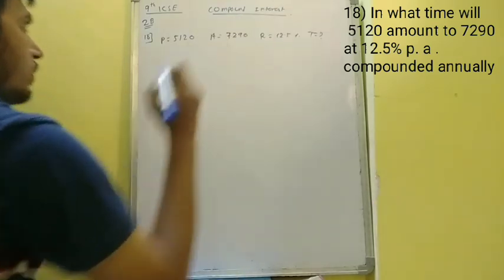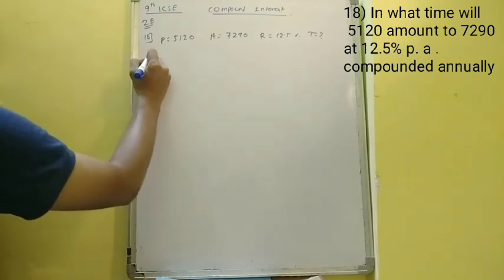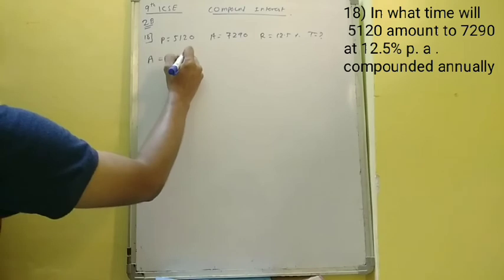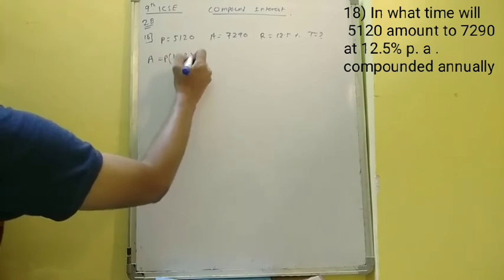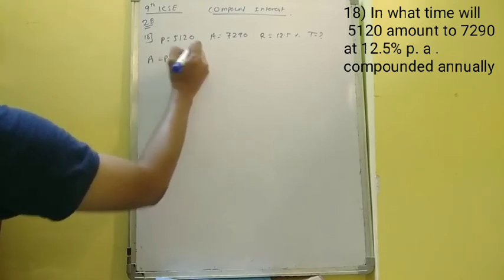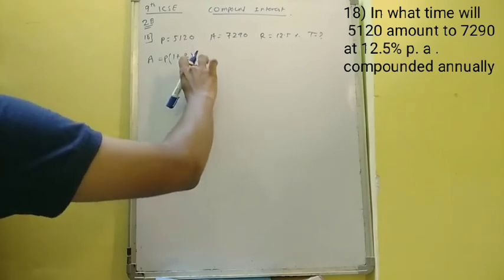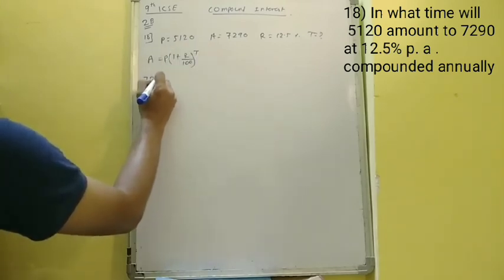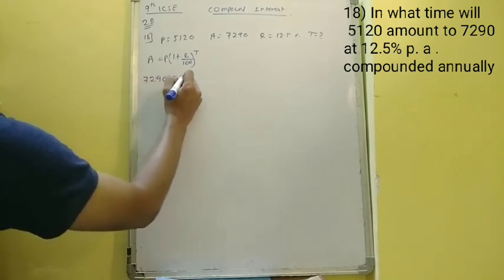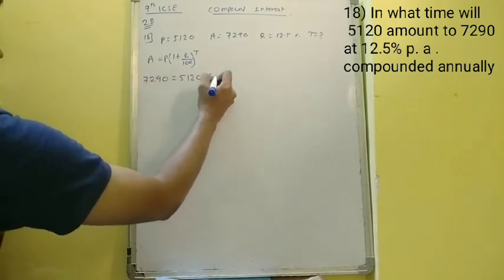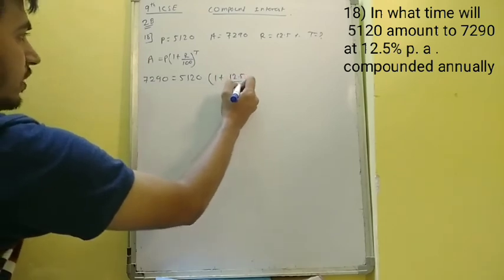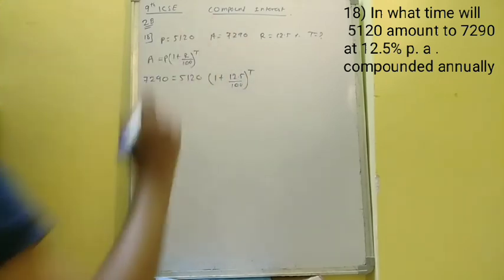Again, as it is compound interest, the amount is equal to P into 1 plus R upon 100 raised to n or t. Amount is 7290, principal is 5120, 1 plus rate 12.5 upon 100 raised to, we don't know the time.